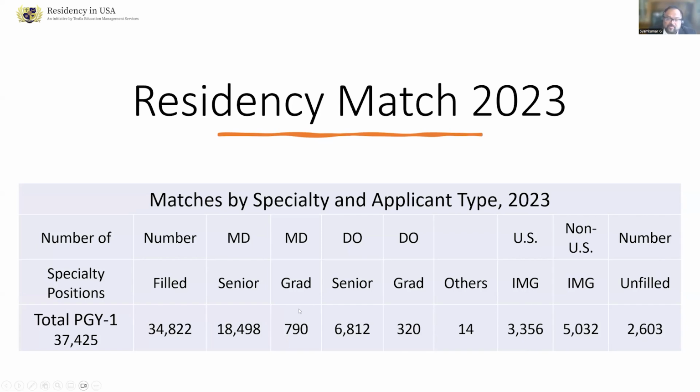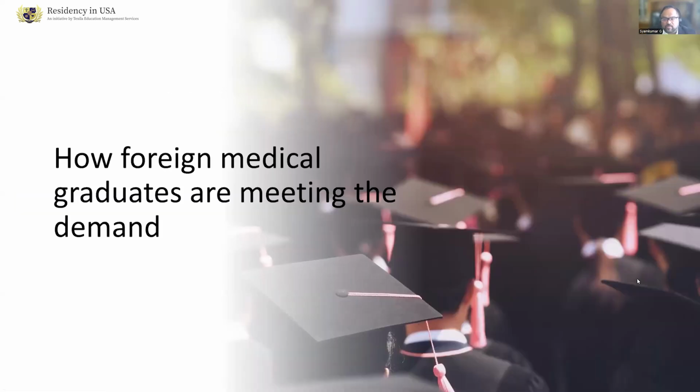So roughly 30% of the students getting into residency programs are foreign medical graduates. This is how the current system is mitigating some of the physician challenges in the US, by onboarding and bringing more foreign medical graduates into the system.